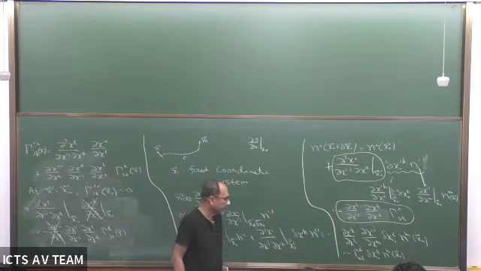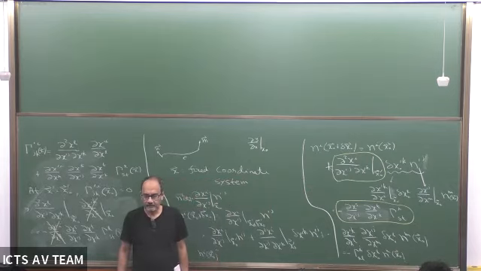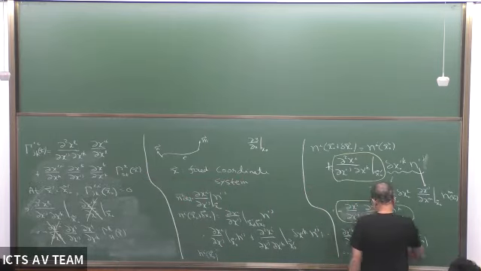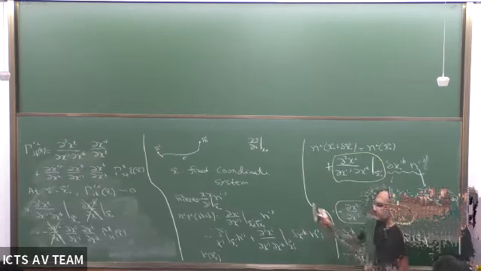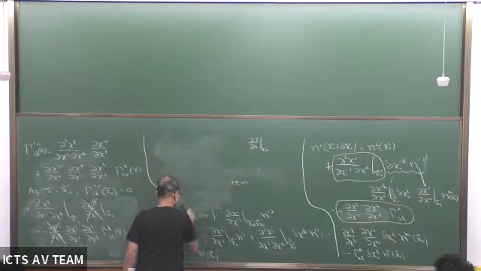So after all these steps, you have gotten rid of the prime coordinate, because this is expressed purely in terms of the quantities in the original coordinate system. So let me write again here.